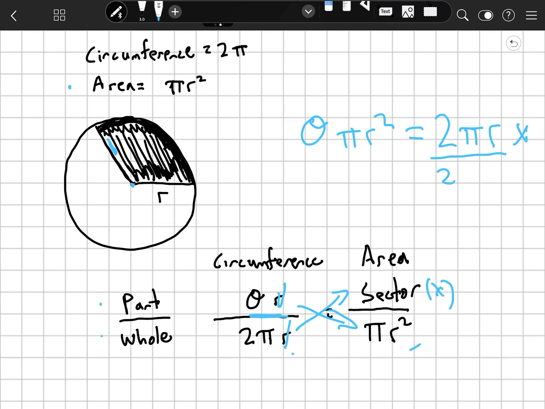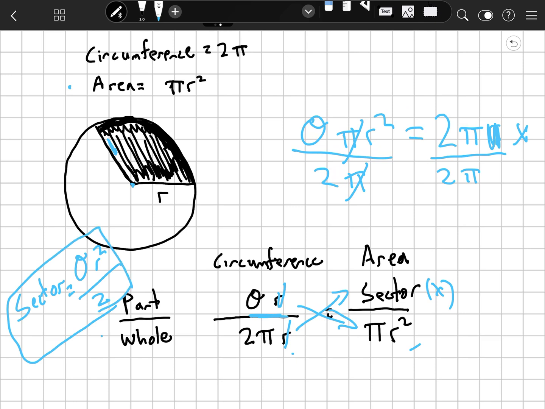I'm sorry, just 2 pi, because we already crossed out the r's. So let's divide by 2 pi. And now we have theta times r squared divided by 2, and that equals your sector area. So let's clean it up here. Sector area equals theta r squared over 2. That's the formula right there.